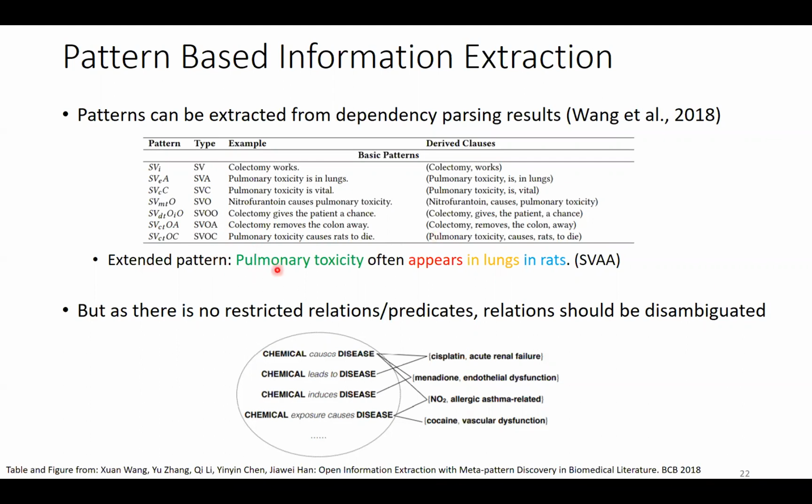For example, in this sentence, in lungs and in reds should both be aligned to the previous subject and predicate. Another issue is that after such pattern-based extraction, the predicates are not aligned. So usually a clustering-based method should be applied here to normalize the relations.